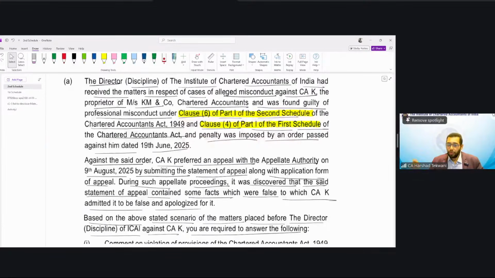Now, he went for the appeal. Over there are some statements or facts which are known to be false. And he apologized that he was aware of these statements and he apologized for those statements. So which clause will you apply?